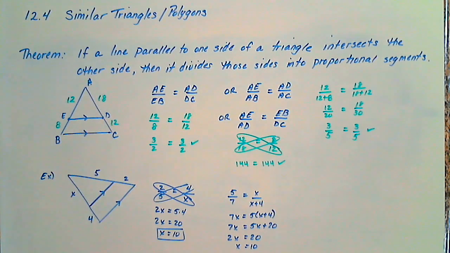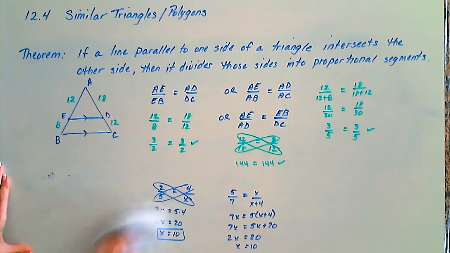Now the next theorem I want to talk about is the mid-segment theorem. But before we do that, we need to talk about what a mid-segment is. Okay, so let's do that.